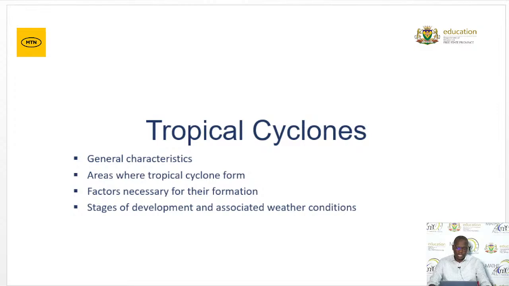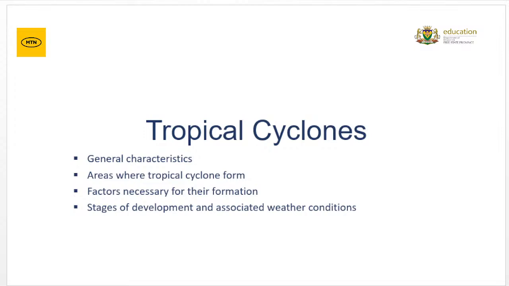Stages of development and associated weather conditions. So remember, tropical cyclones basically occur in the tropics where there are hot conditions as compared to mid-latitude cyclones. So in terms of the stages, the pressure must be low so that the tropical cyclone can develop. And the associated weather conditions will be different from those of mid-latitude cyclones.